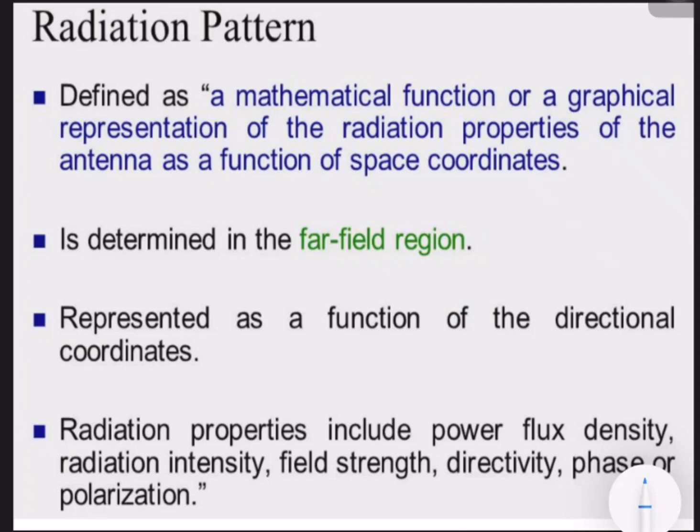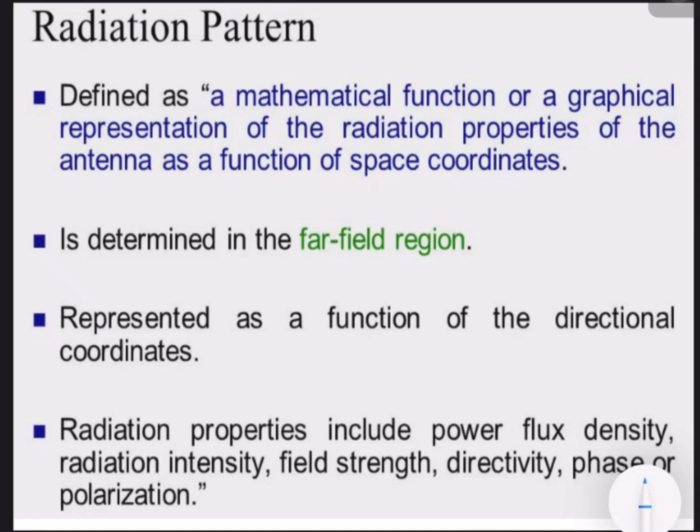That's why the radiation pattern can be expressed as a function of directional coordinates. And the radiation properties of the antenna include the power flow density, radiation intensity, field strength, directivity, phase, and polarization of the signal.